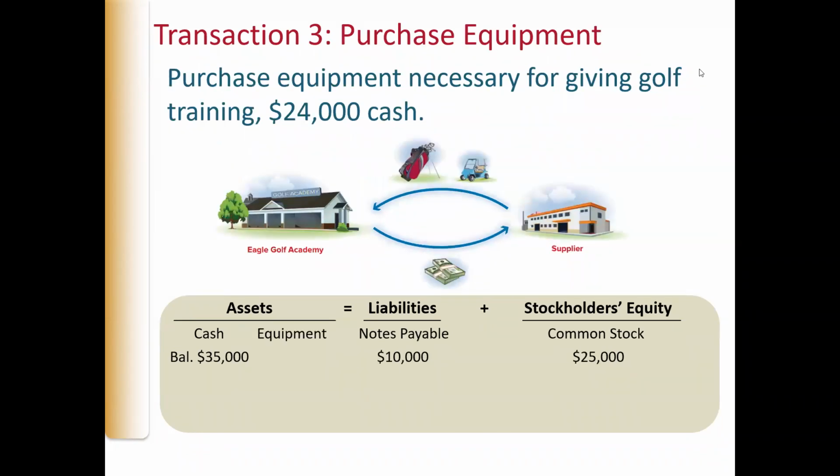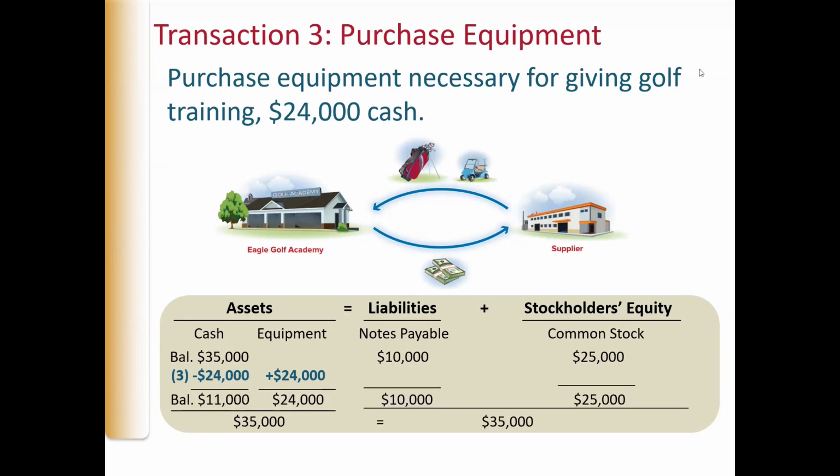Okay, here's another one. We purchase equipment necessary for giving golf training, $24,000 cash. What's one account that's affected? Equipment and cash. Equipment increased, but cash decreased. But do we still balance?